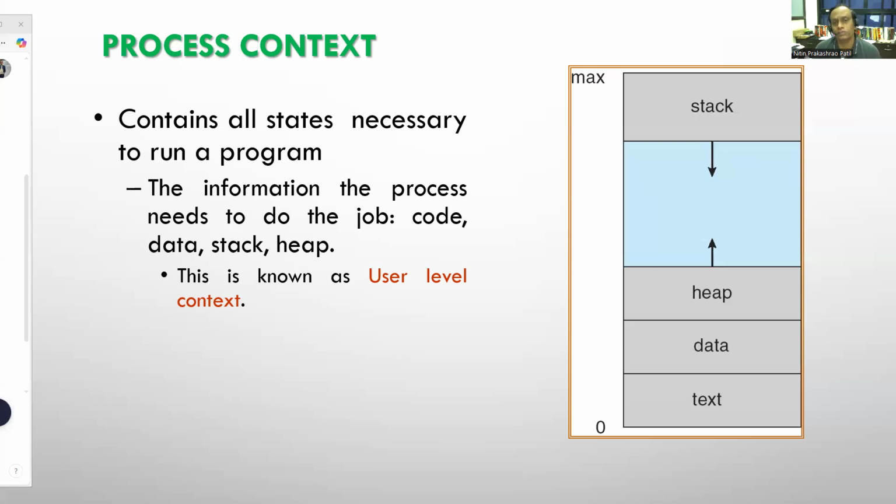One more important thing a process context can contain is the scheduling information, which can communicate via the operating system to the user how the execution would be, what the order of execution would be, whether it would be time slice based, or priority based, or whether there is any other mechanism to permit the execution of the processes.